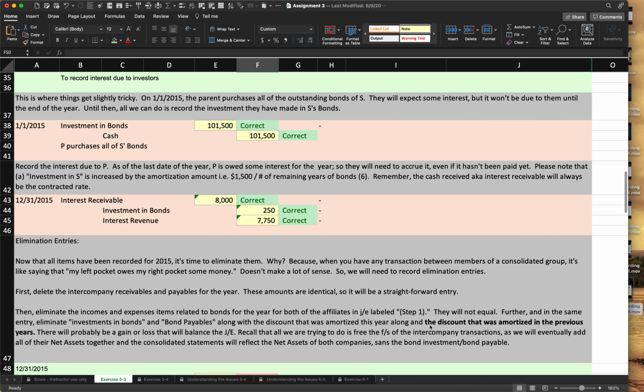The arm's length transaction states that in accounting, we assume that all transactions are fair because the party that you're transacting with is not under your control.